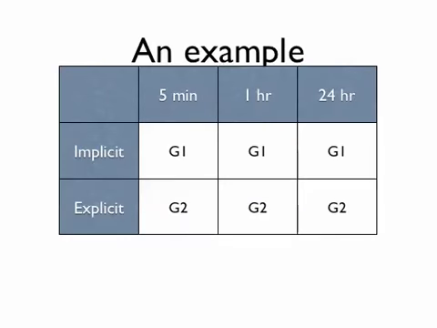So here's an example. And you guys in the psych lab course realized that we probably should have done our experiment this way. We did our implicit and explicit.